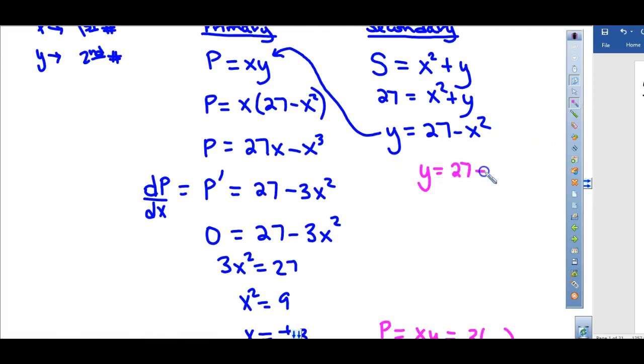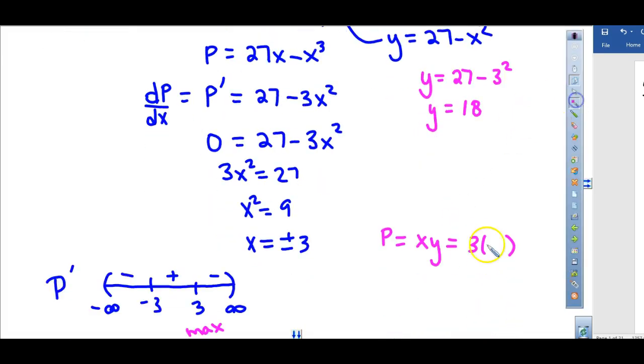So y is 27 minus 3 squared. So that gives me 18. So my maximum product is 54.